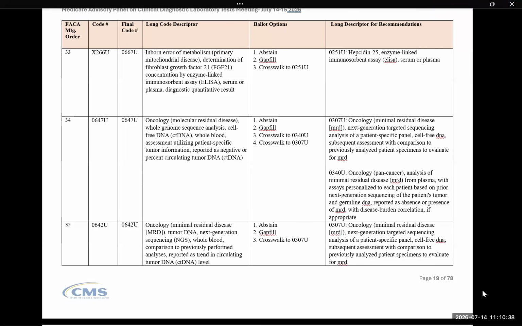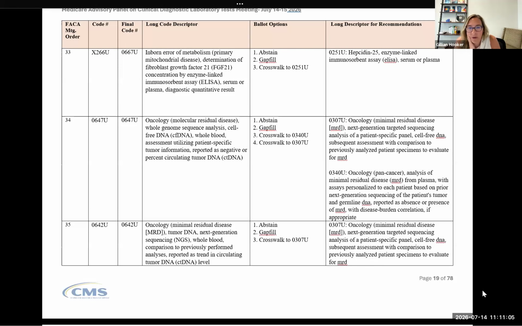All right, staying with MRD and Jillian, we have code number 0642U up next. Yep, 0642U is also an oncology MRD test, NGS-based in whole blood. Also a test to follow up compared to the baseline levels of circulating tumor DNA.